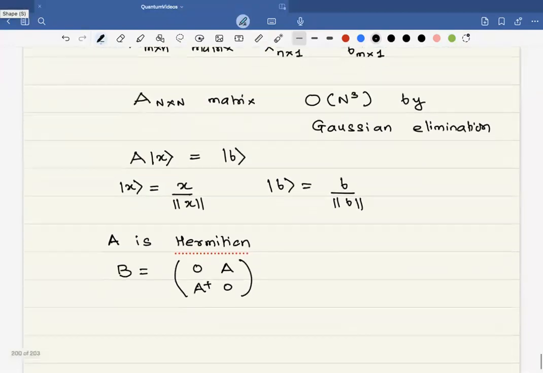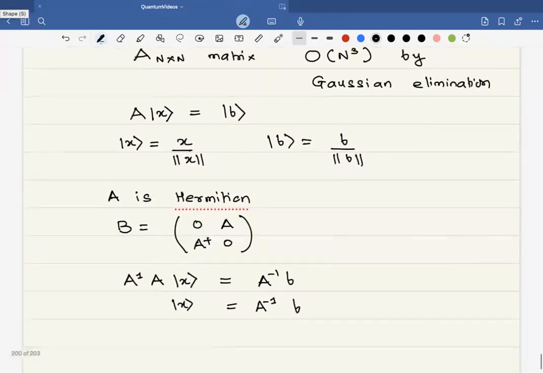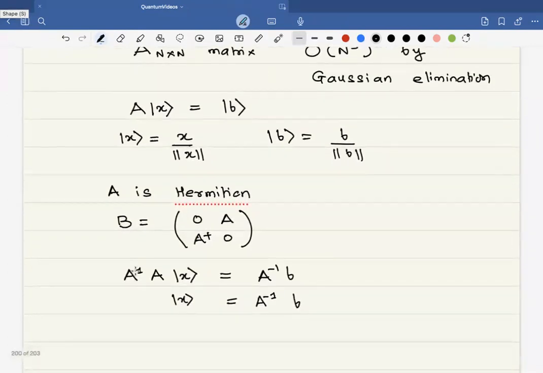Now notice that to solve this equation, suppose A is Hermitian and let's say it's also invertible, then one can just multiply by A inverse. That is, if A inverse exists, then X is equal to A inverse B. But even if A is Hermitian, there is no linear quantum mechanical operator that corresponds to this.